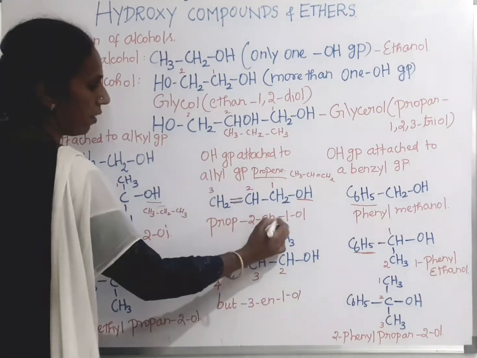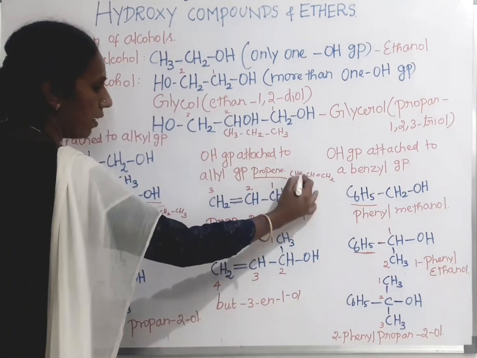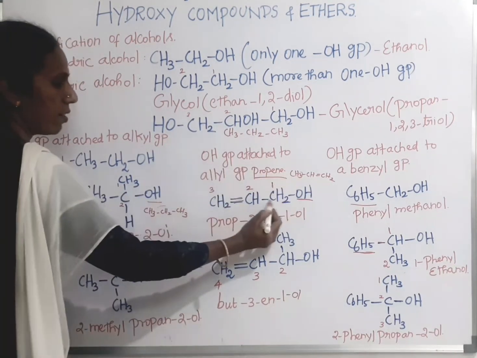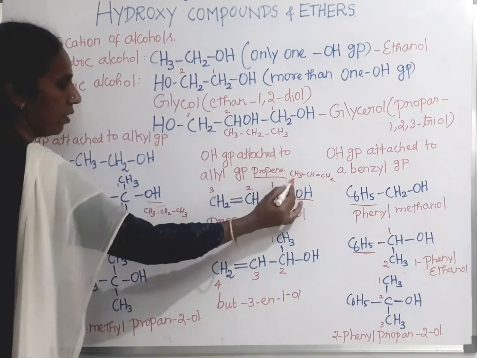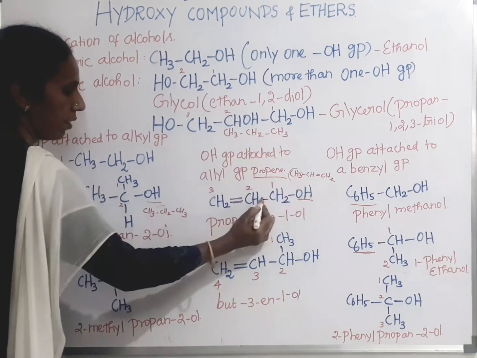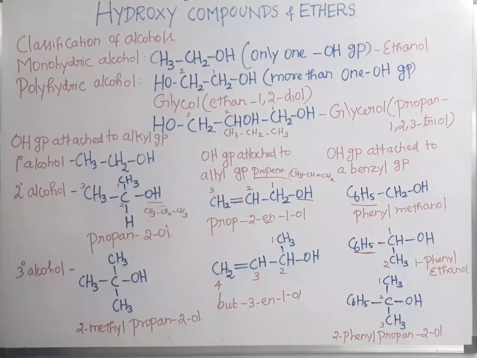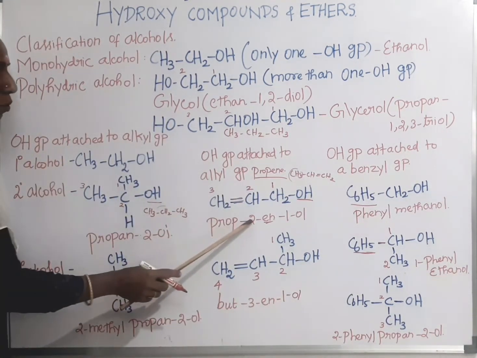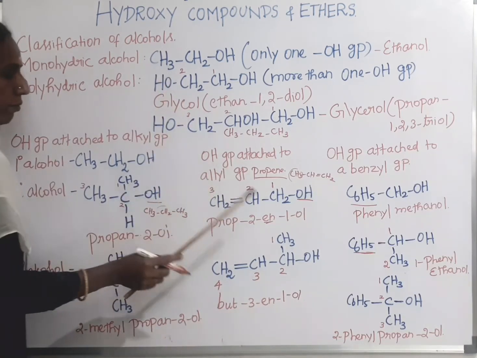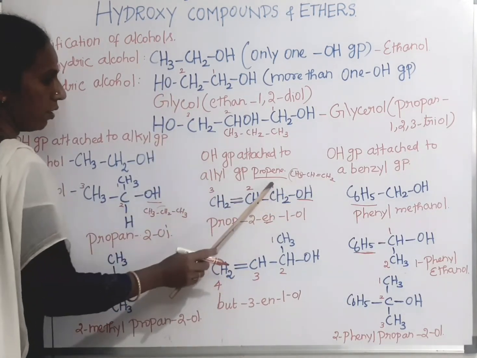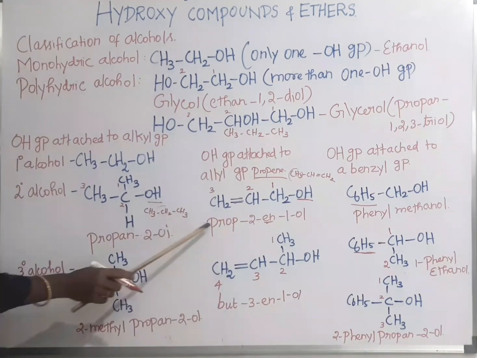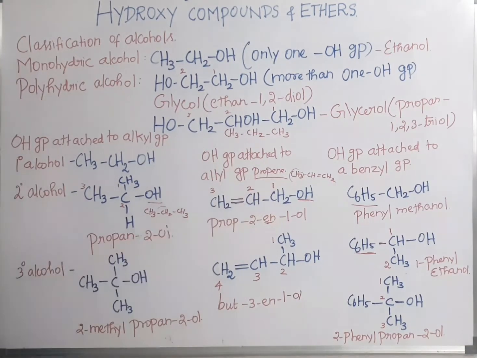Here one hydrogen in the methyl group is replaced by one hydroxy group, giving CH2OH, and the next one is CH=CH2. So prop-2-ene: first carbon, second carbon and third carbon. 2-ene-1-ol. Here the hydroxy group is attached to the first carbon, so 1-ol. So this is prop-2-en-1-ol.